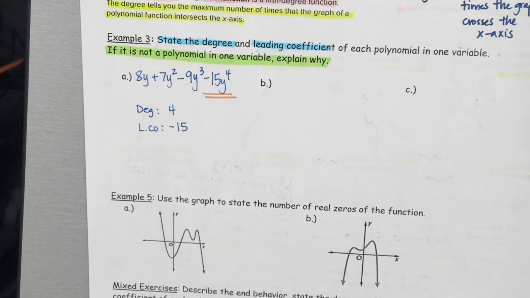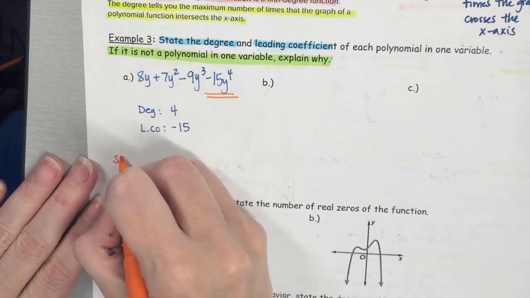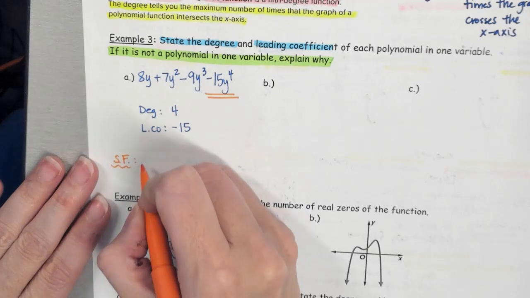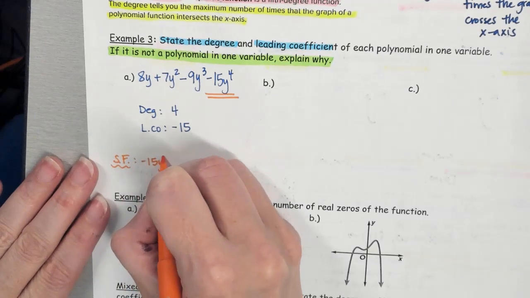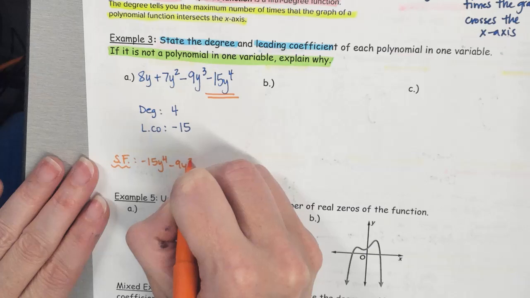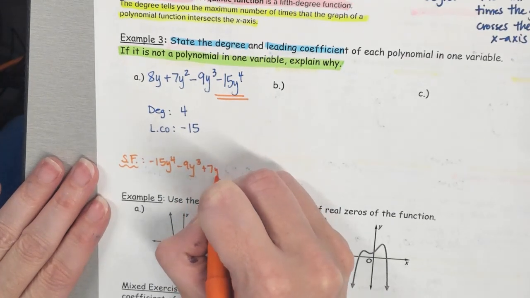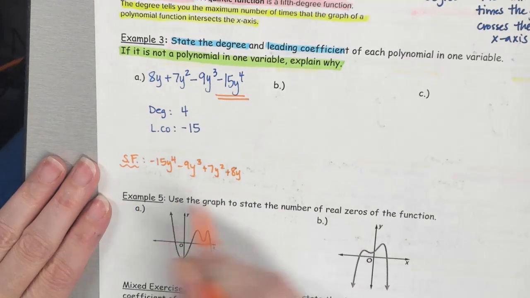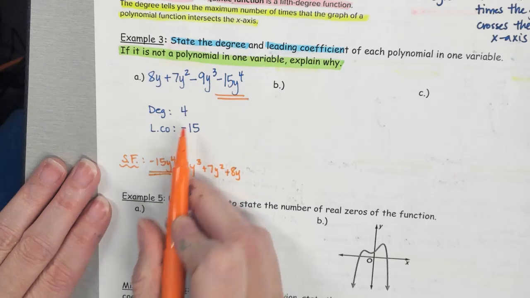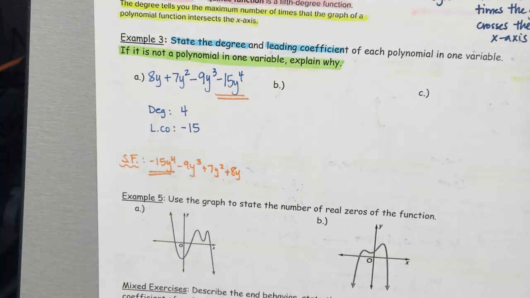It doesn't say that you have to write this in standard form, but you could. You don't have to do that on your homework. But if you did write it in standard form, it should be the first value. So if this was in standard form, that would be the first one there.